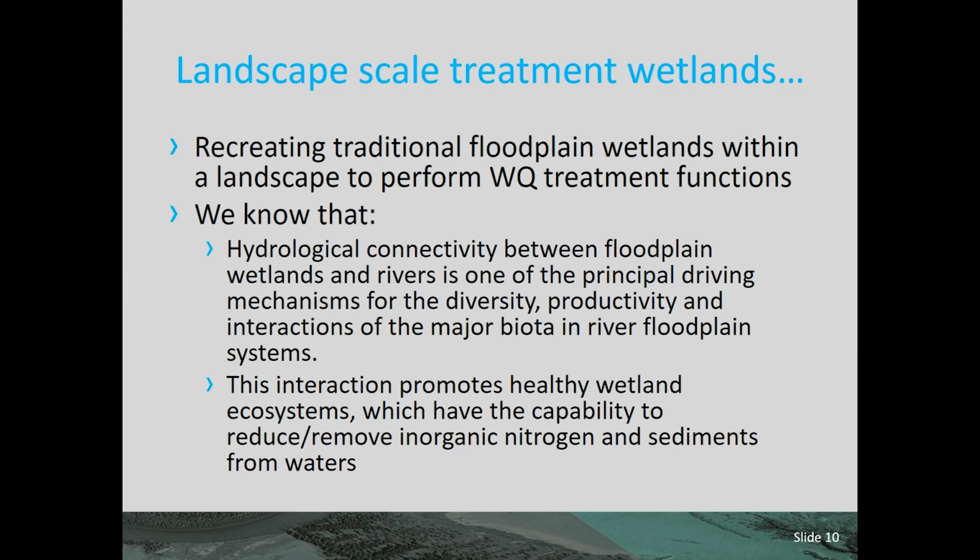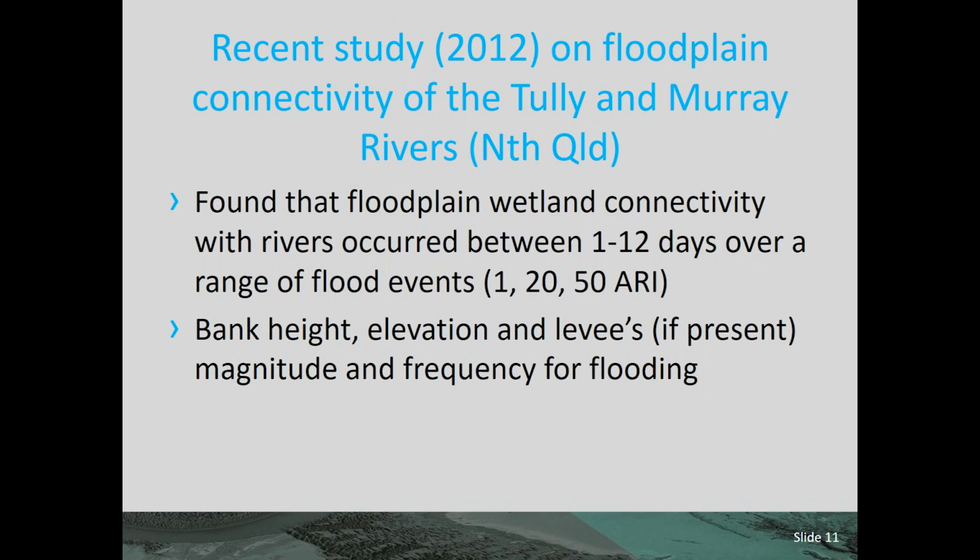While I was tooling around the net trying to write this presentation, I came across some studies that found that there's good connectivity, which is not that riveting, but there's really good connectivity between the rivers and the floodplain as they exist now, and for a range of different flood events, so the 1 year, the 20 year, all different rainfall events.